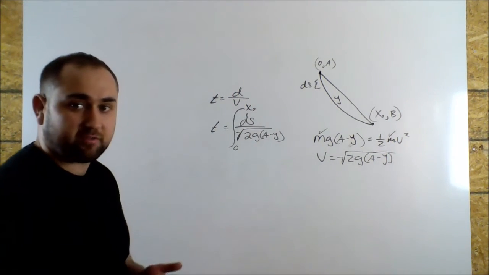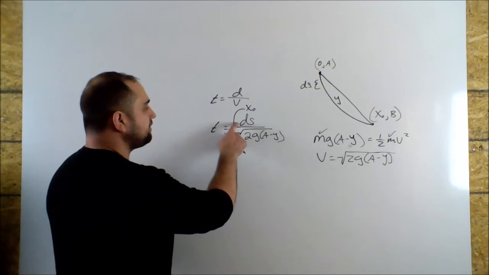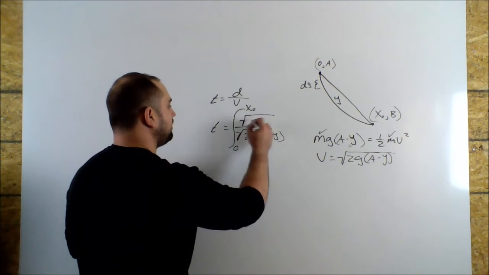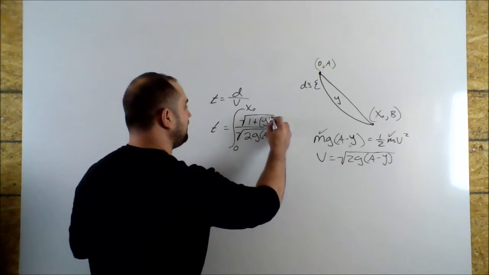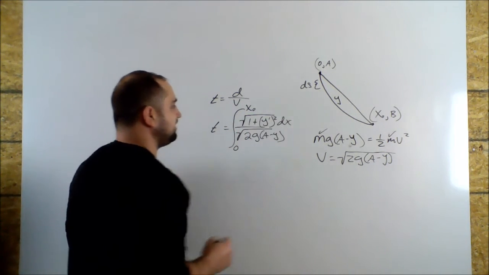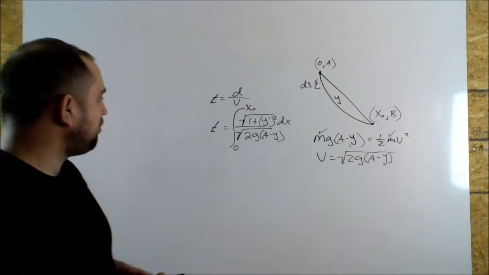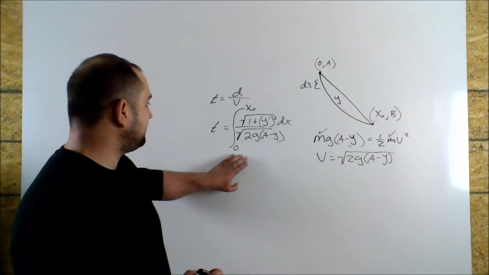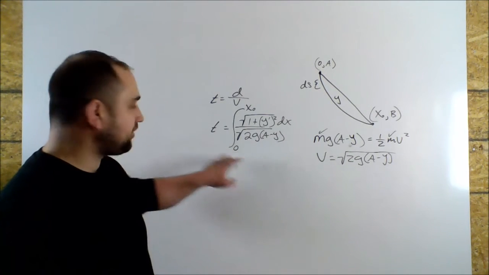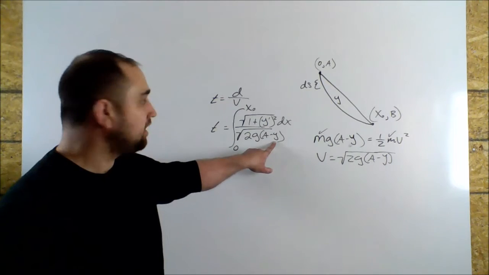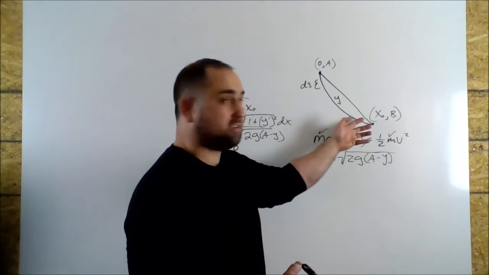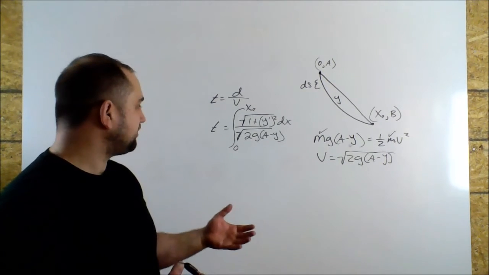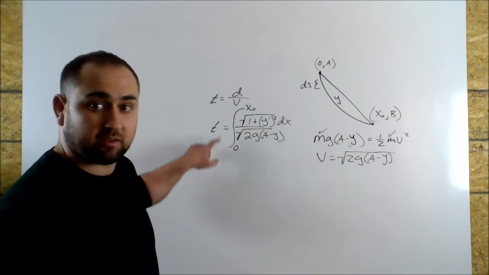And we know from multivariable calculus that the arc length can simply be written as the square root of 1 plus y prime squared times dx. So what we have here is an equation that tells us the time of travel for any curve y. No matter what the curve is that connects these 2 points, the time of travel under the influence of gravity is expressed by this.